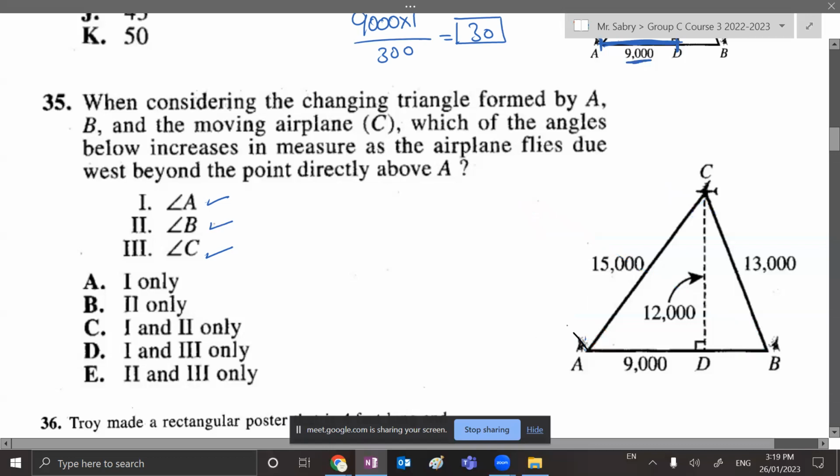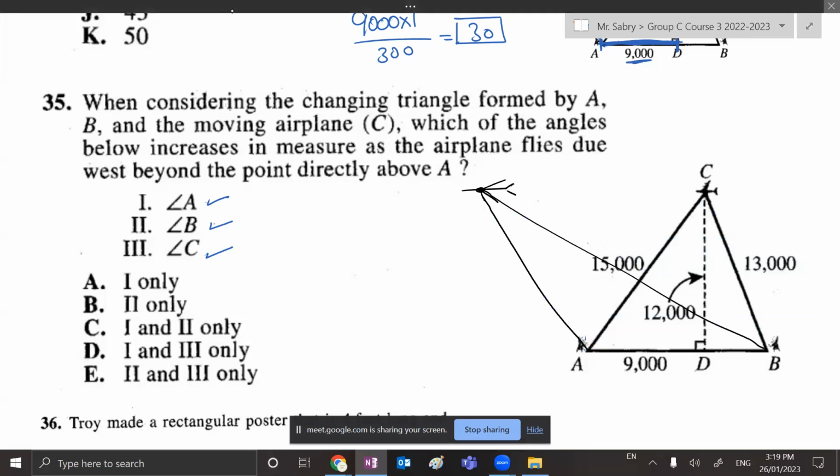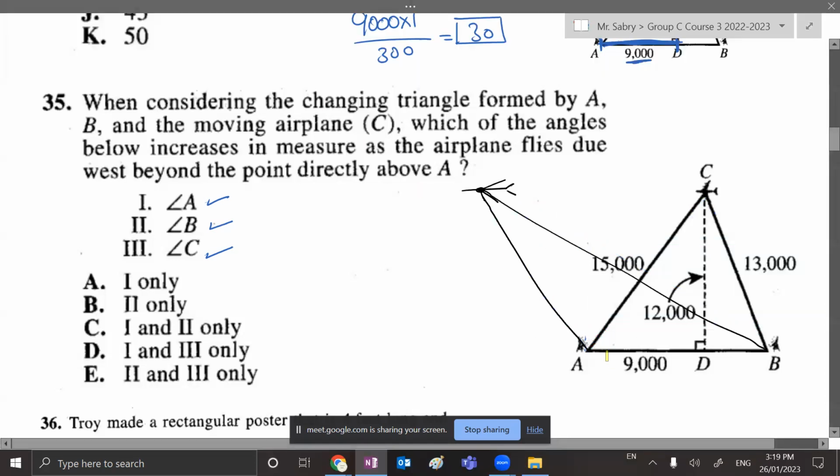So here's, let's say, a new triangle, this one. This is now where the airplane is actually at. Now, when you look at the changes that happened to the angles below, this was the angle A, and this was the angle B. The same increase that happened in angle A, it was this much, and now it increased by this much.